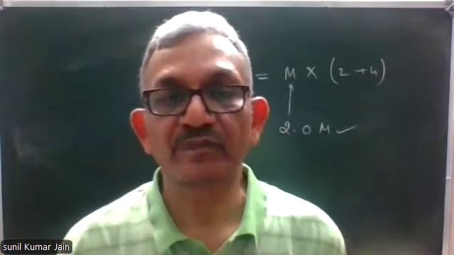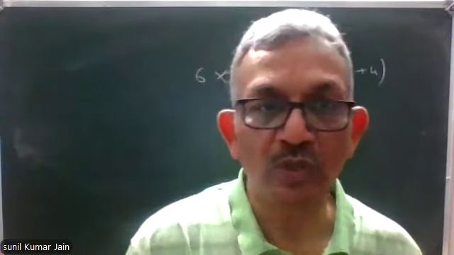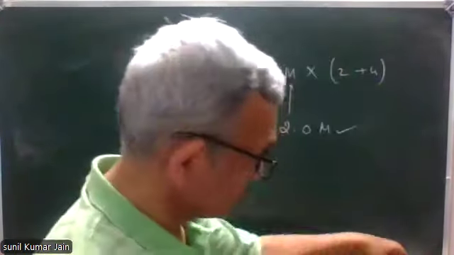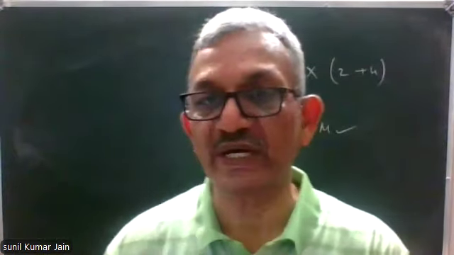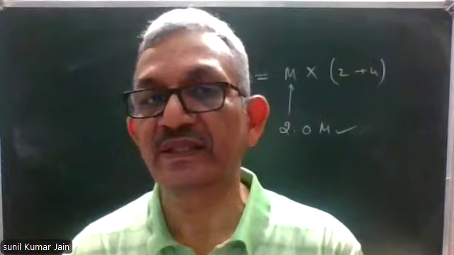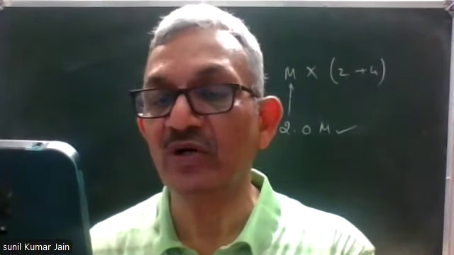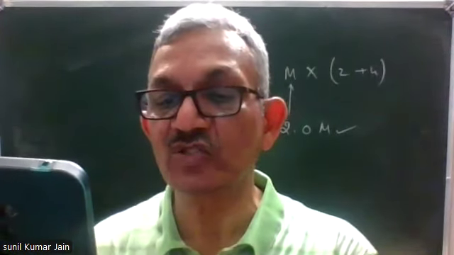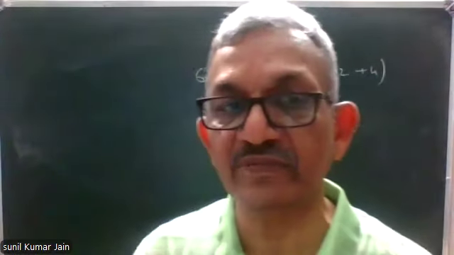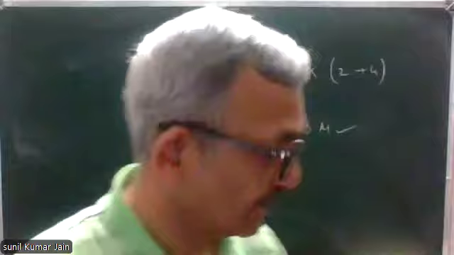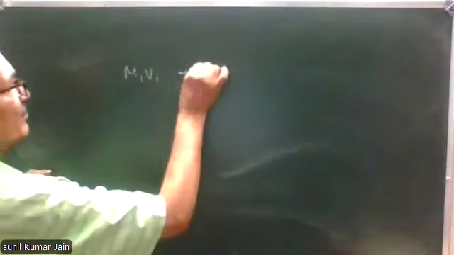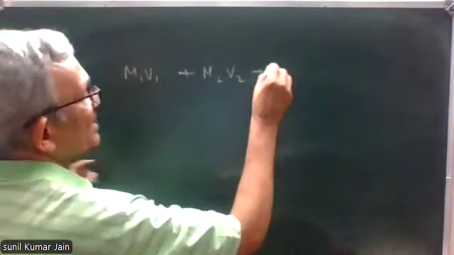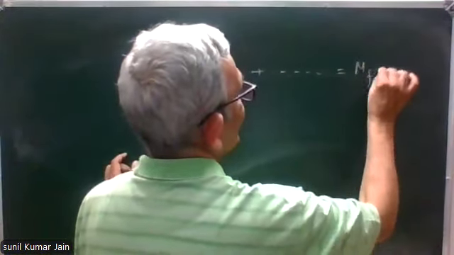Next paragraph. If two or more solutions of the same solute are mixed together, then the molarity of the resulting solution can be calculated by using the formula M1V1 plus M2V2 plus so on is equal to M final V final.